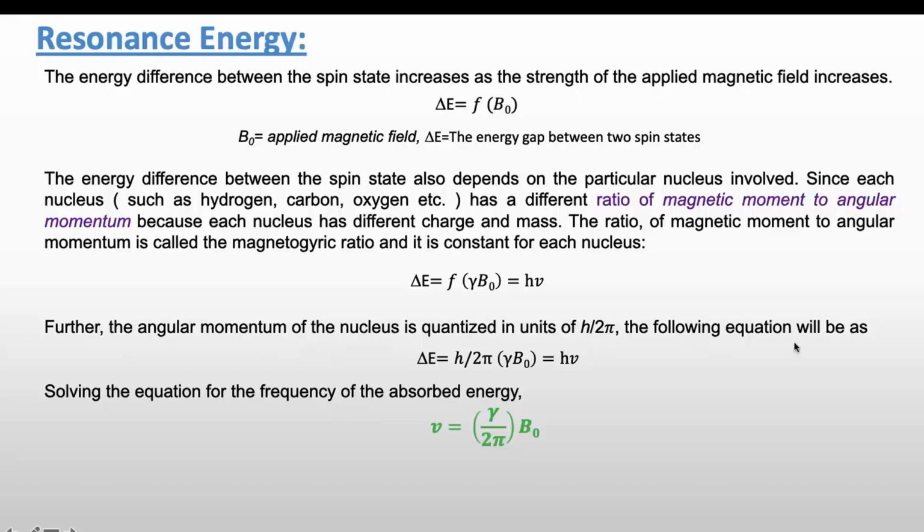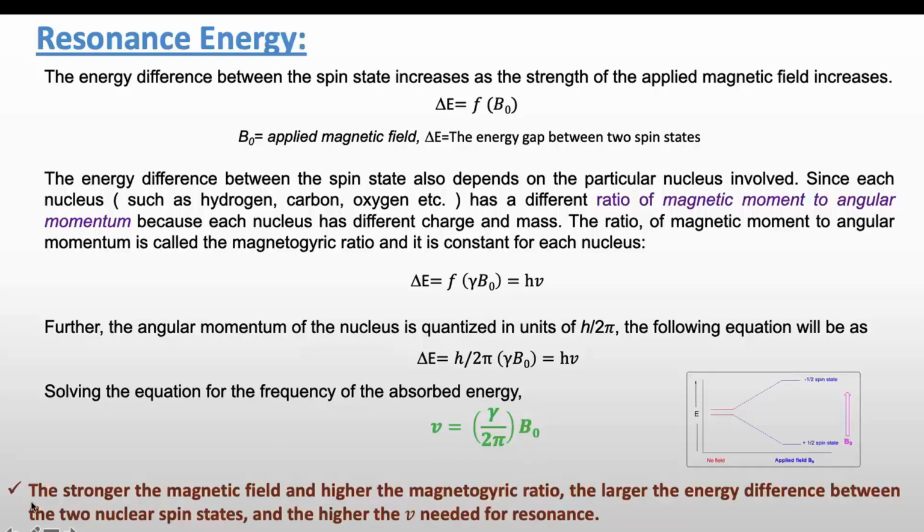So the equation will be delta E equal to h upon 2 pi gamma B0, equal to h nu. Now solving this equation for the frequency of the absorbed energy, we can say nu equal to gamma upon 2 pi B0, meaning the frequency or resonance energy depends on the magnetogyric ratio of the nucleus and the applied magnetic field B0.